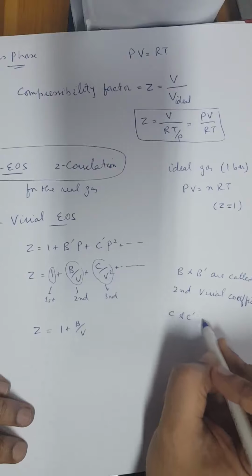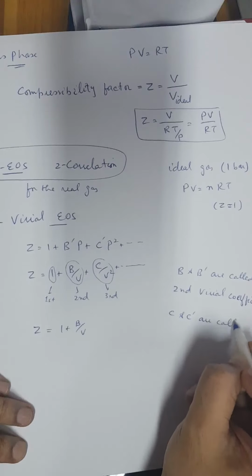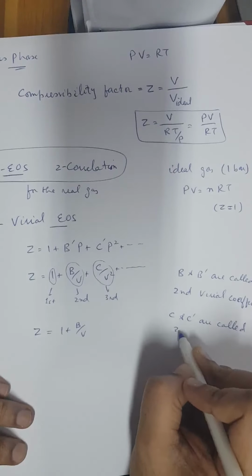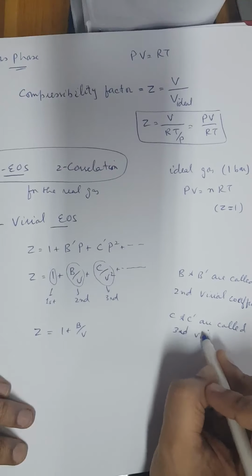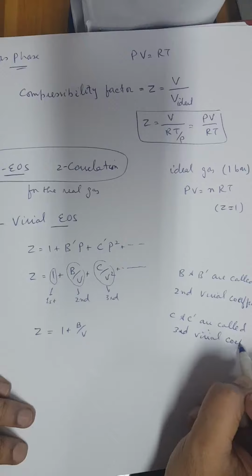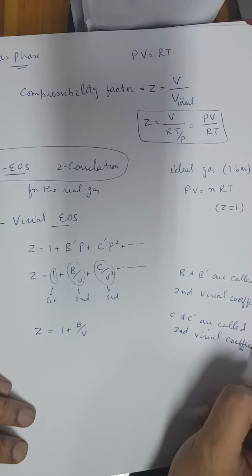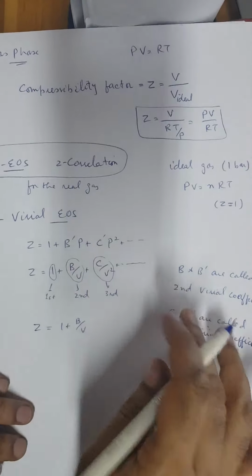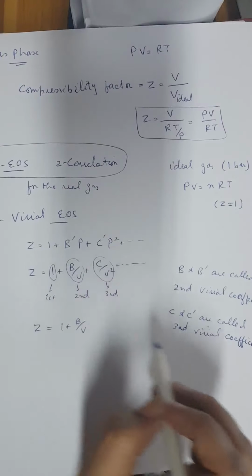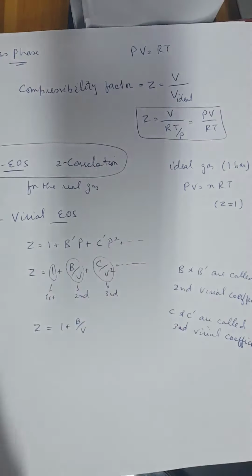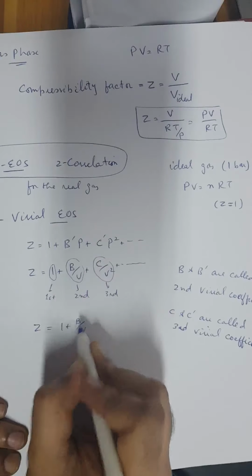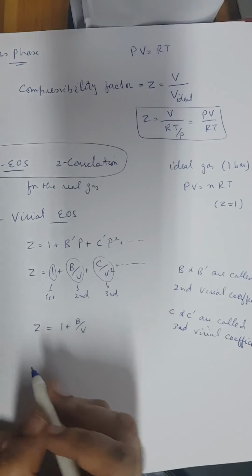C and C dash are called the third virial coefficient. So these are all the attractive terms that we are just adding. Okay, so this form, you can also have one more form.